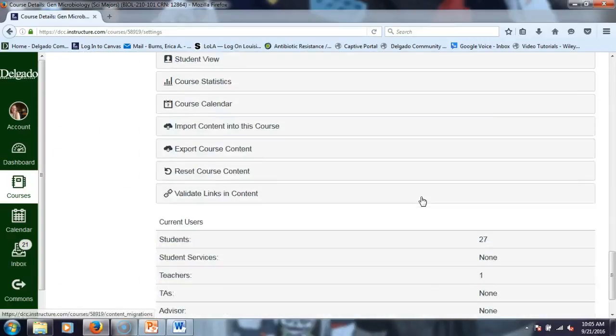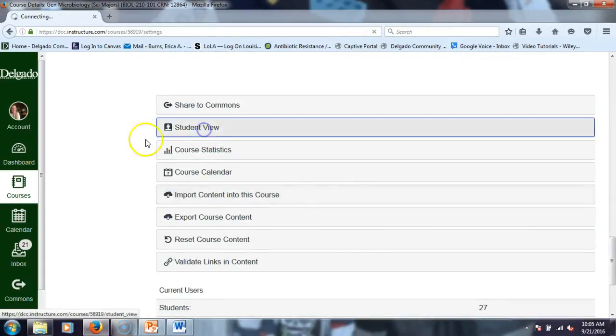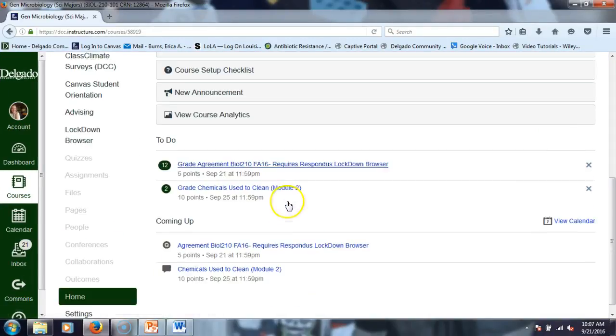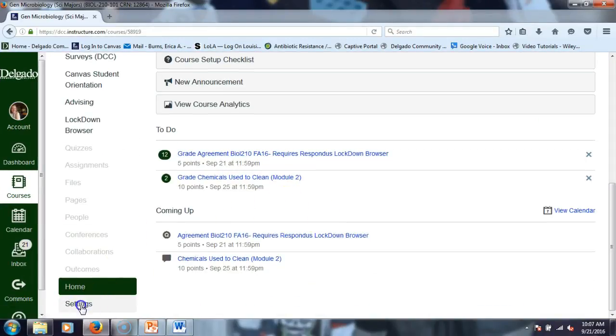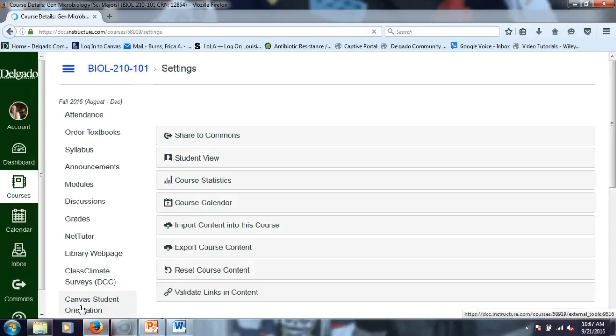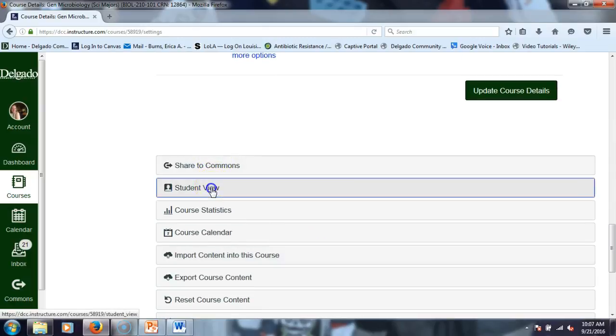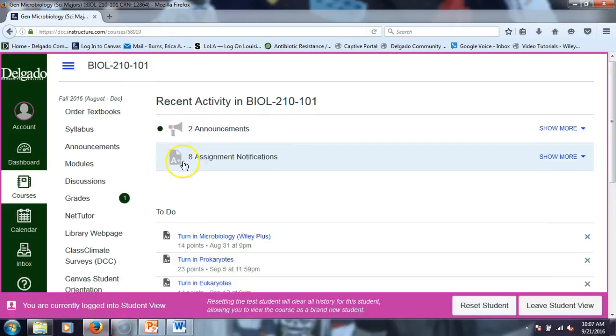Oh, where's my student view? There it is. So when you go to your grades, as a student, this is a really important feature for you guys.